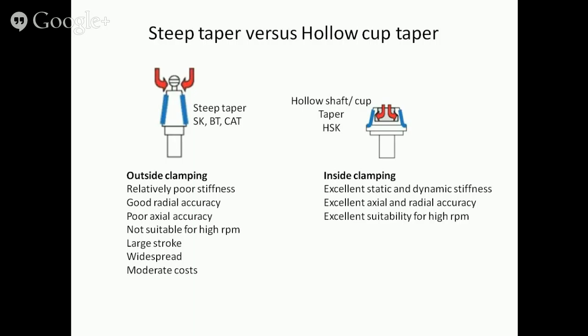It is highly suitable for high RPM. It has a low mass. The tool changing stroke is short, low, but it is clear that it is much more expensive than the SK system.